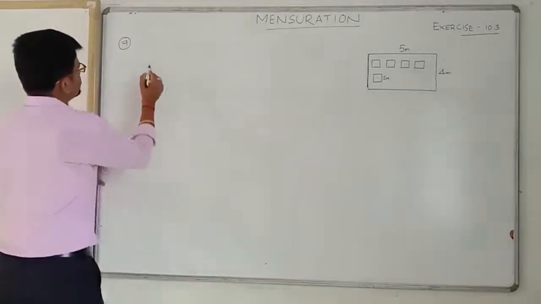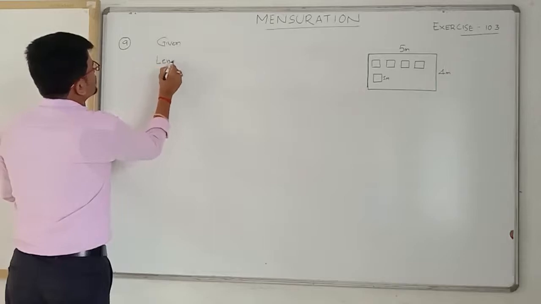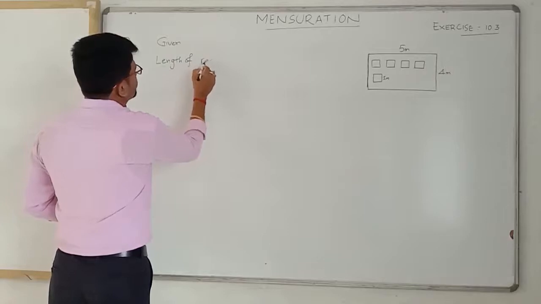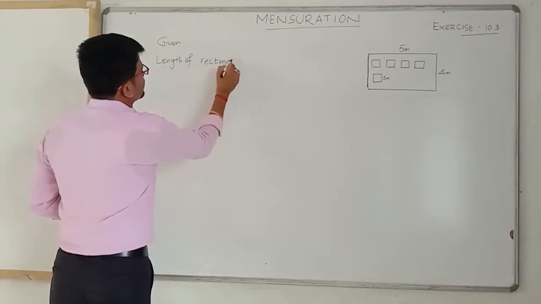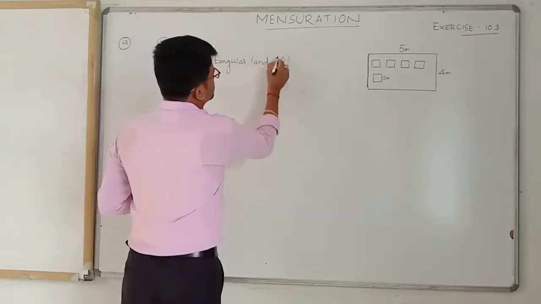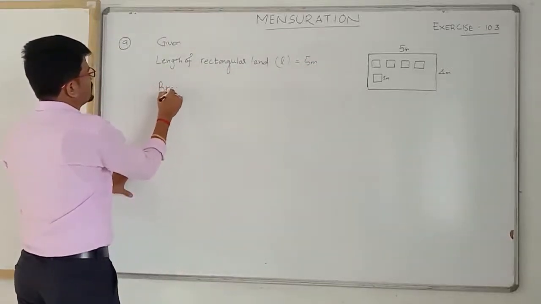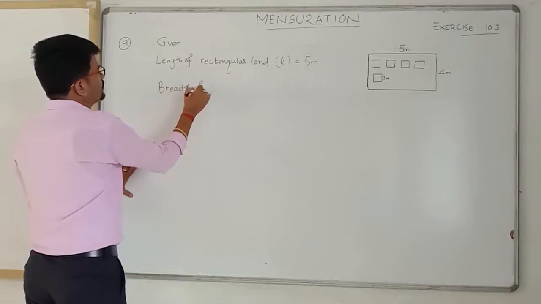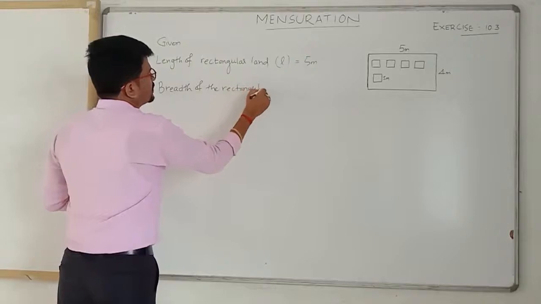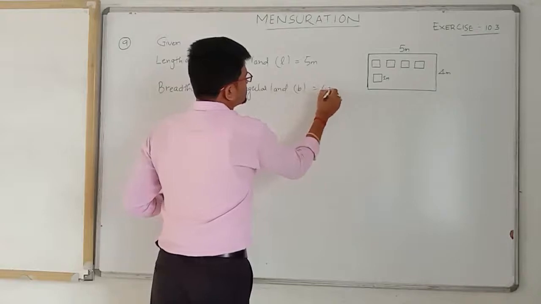Okay, but given the length of the rectangular land, L is equal to 5 meters and the breadth of the rectangular land, B is equal to 4 meters.